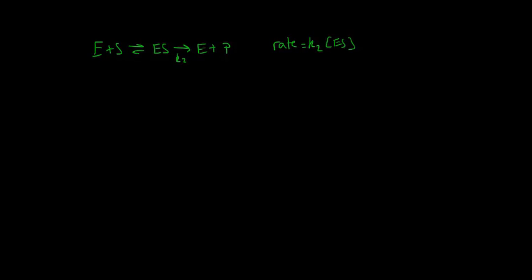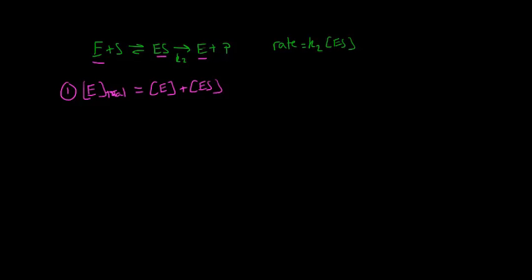A few important things to keep in mind: the total concentration of our enzyme, E total, at any point is equal to the concentration of free enzyme plus the concentration of the enzyme-substrate complex.